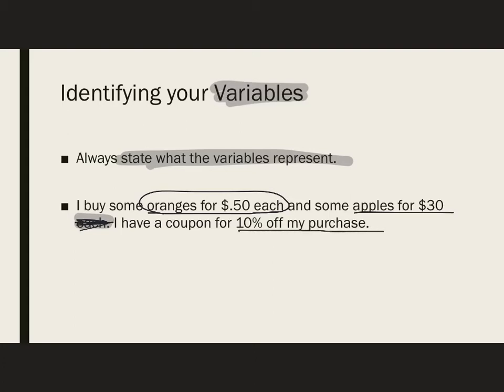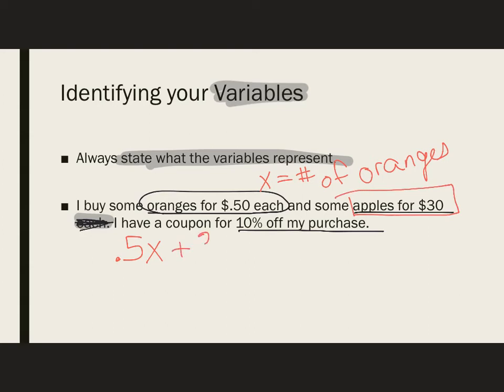First of all, I'm going to use the variable x to equal the number of oranges I'm buying. So I'm going to do 0.5x. Now I need to put the apples I bought for $30. So plus 30. I bought a lot of apples, obviously.